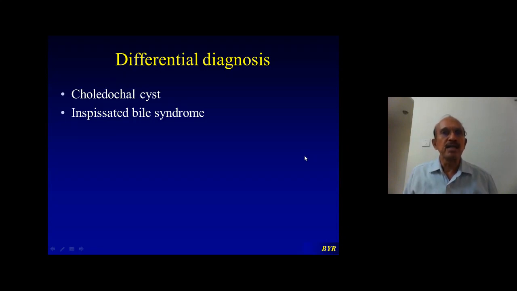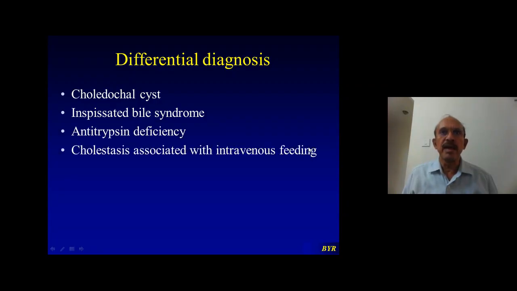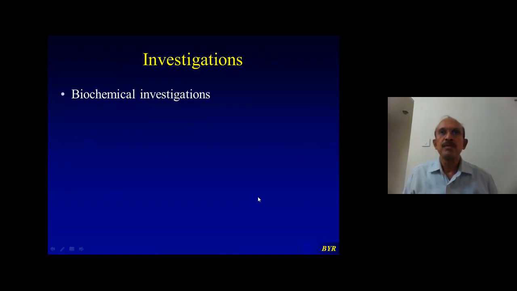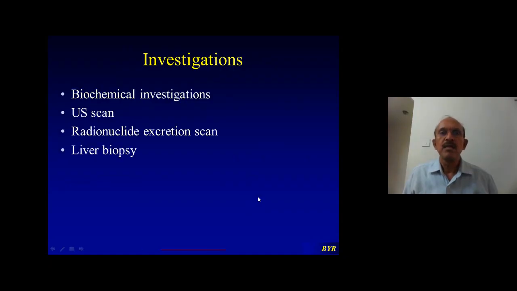As we cannot do ERCP, we will do the radionuclide scan to visualize the site of obstruction. So the differential diagnosis is choledochal cyst, inspissated bile syndrome, alpha-1 antitrypsin deficiency, cholestasis associated with intravenous feeding, neonatal hepatitis. Then liver biopsy is done in delayed cases to know about the biliary cirrhosis.